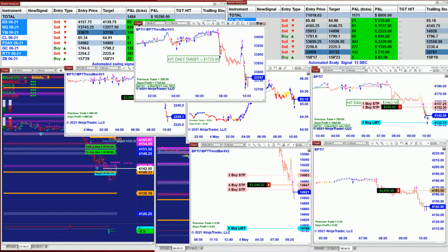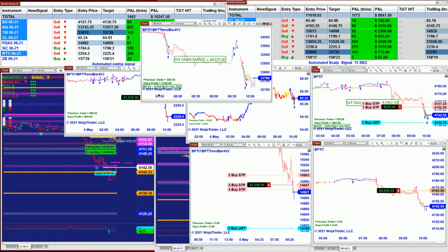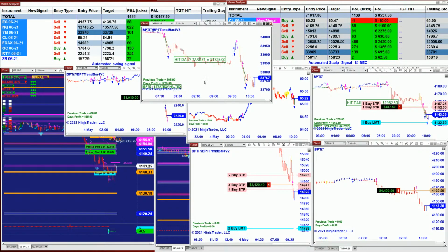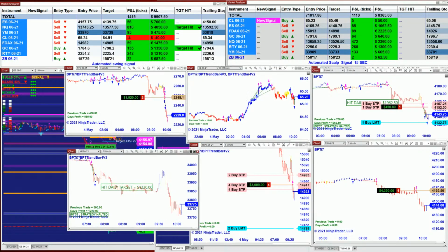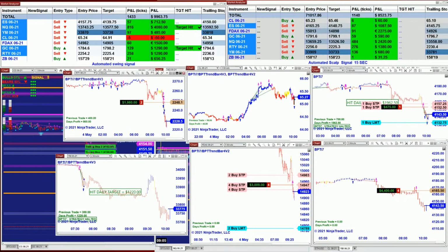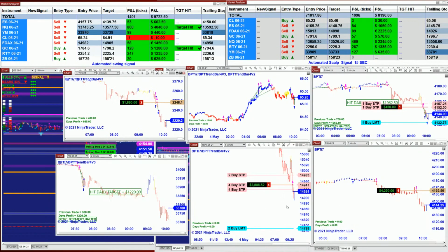The YM just finished 1700. We're going to go ahead and reload it, and then the target disappears right now. Once we are done, it will disappear by itself. And I think we are about to close the DAX.